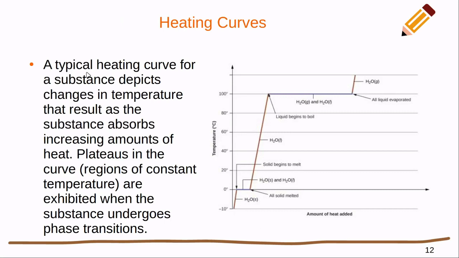Okay, so heating curves. It's important when we're doing these problems that we realize how to translate the language in the problem to a point on one of these curves so that we know exactly what we need to do.